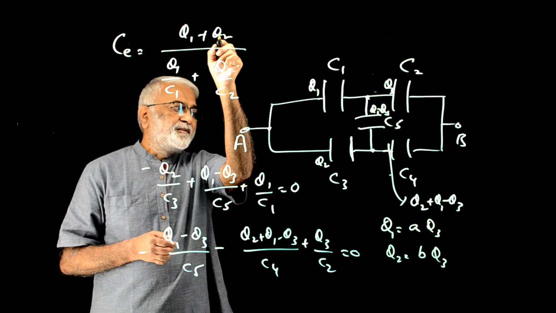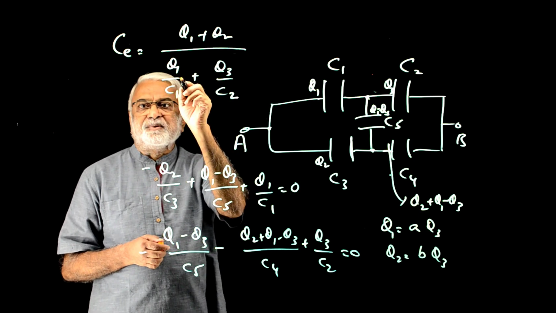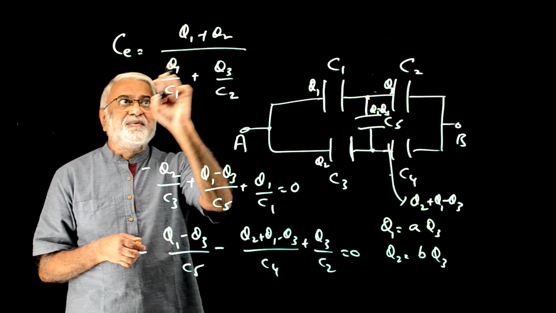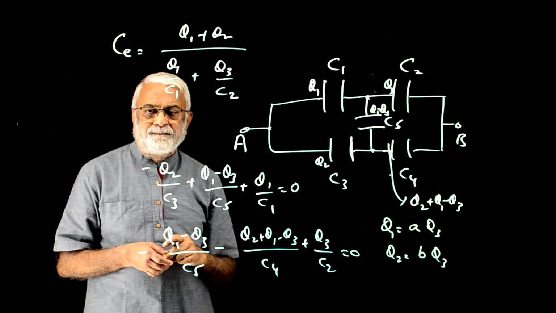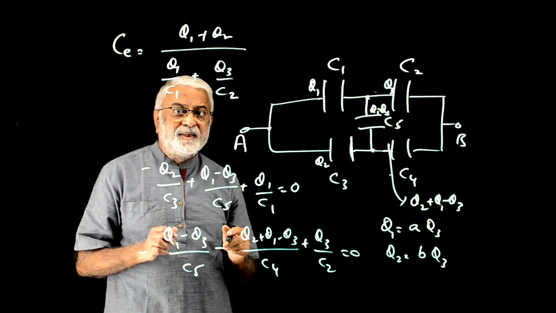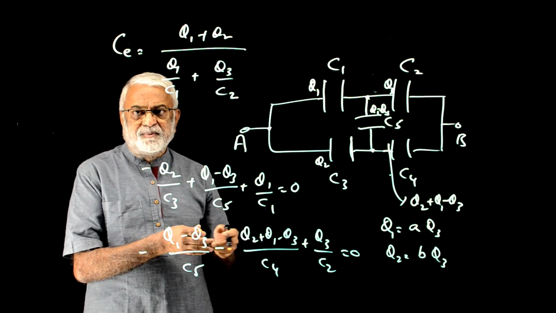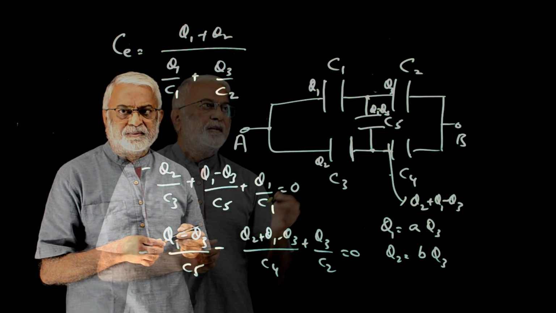A times Q3, B times Q3, A times Q3. So that Q3 gets eliminated and you're left with only C's. So C effective is known this way too. Doesn't seem simple, but it can be in some cases. As we work with some examples, you will understand that better.